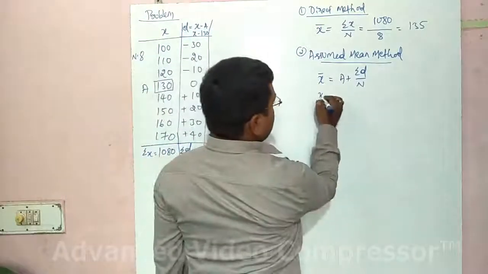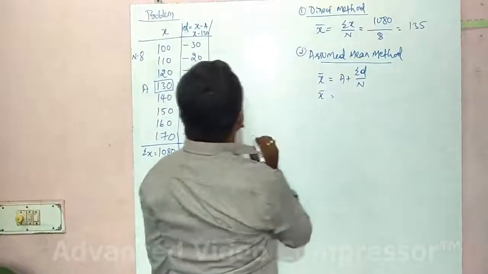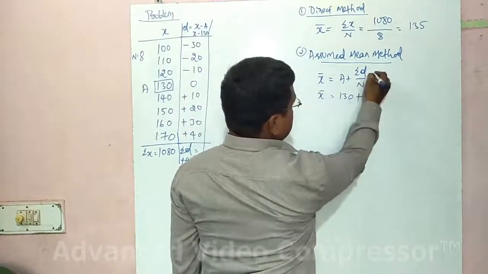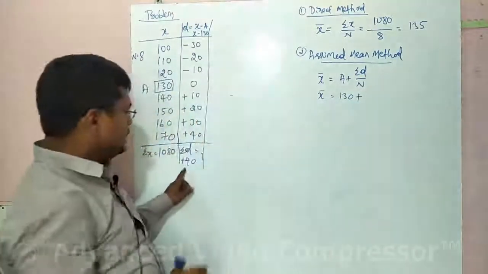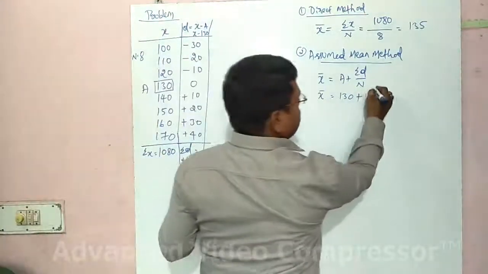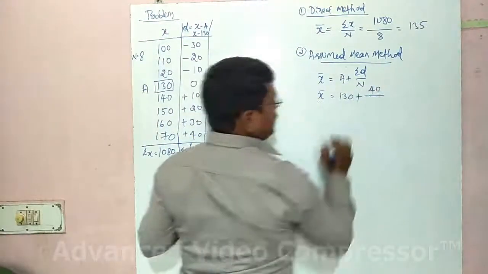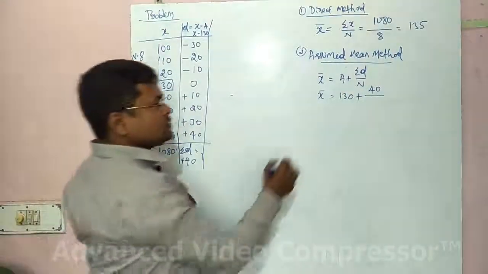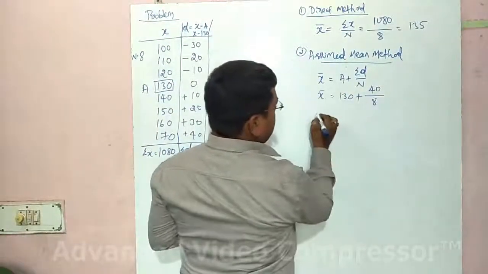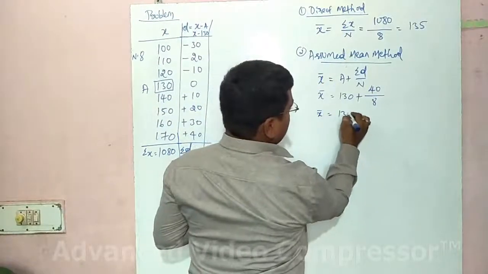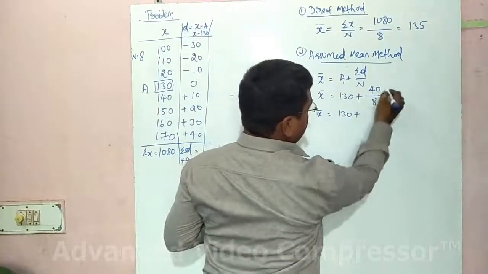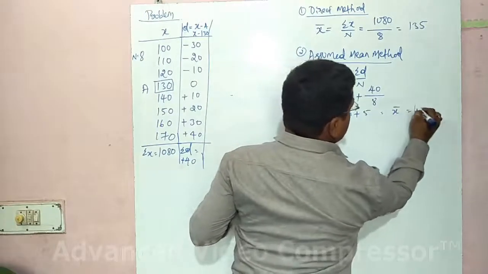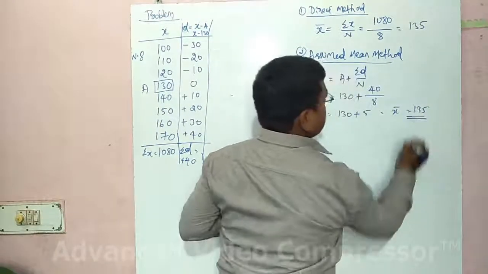Here x bar is equal to A, which we have selected as 130, plus summation of D, which we have calculated as 40, divided by n, which we know is 8. Now again x bar is equal to 130 plus 40 divided by 8, which is 5. So x bar is equal to 135.